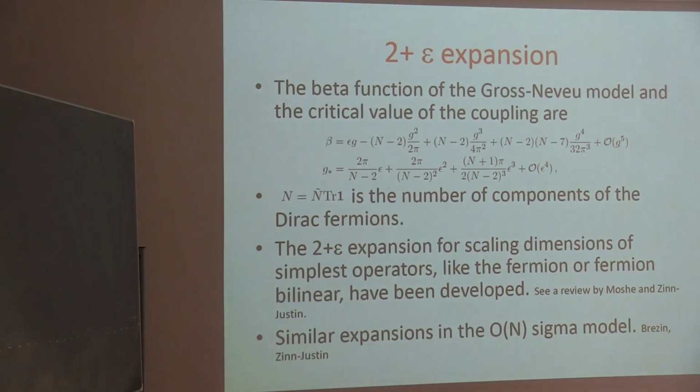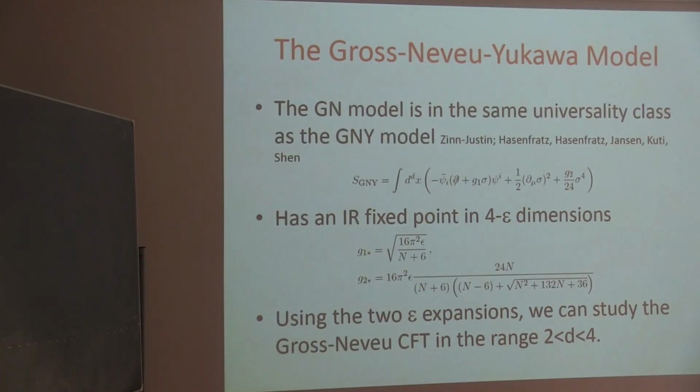But there is a similar trick to what I just showed you with this cubic Yukawa type interaction, and this was introduced by two groups. One was Zinn-Justin, a group of one, and Hasenfratz, Janssen, and Kuti. And these papers, I think, were inspired by some activity on the Higgs in the early 90s.